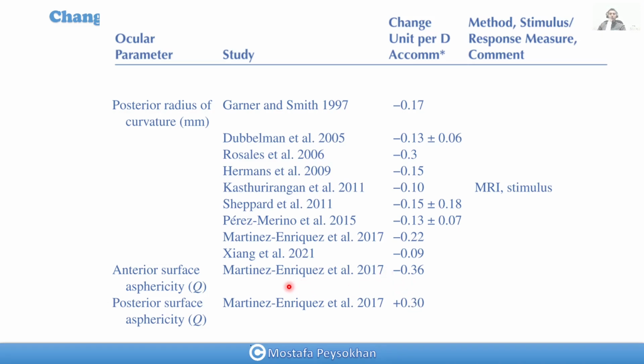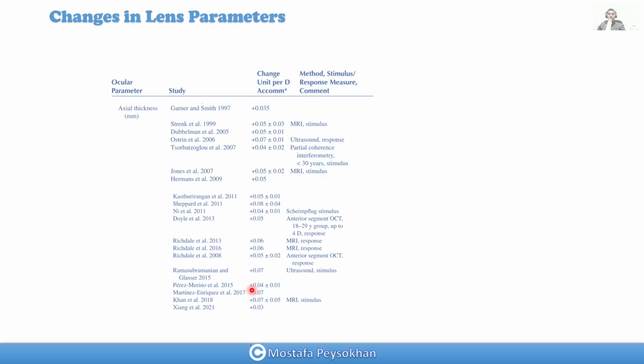There is a bit of research on those parameters, and they suggest that these parameters change during accommodation over the range I mentioned, let's say plus 13 diopters. The other parameter is axial thickness. The thickness of the lens is also changing, which is obvious: when the optical power increases, because we press it from both sides, the thickness should increase.